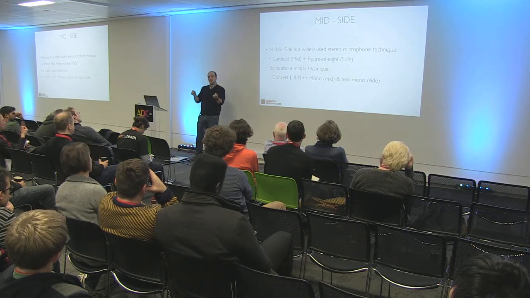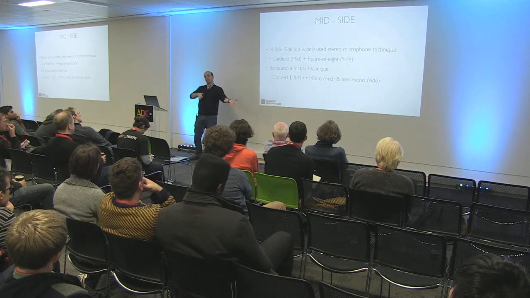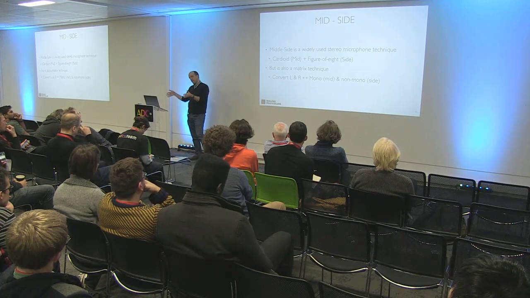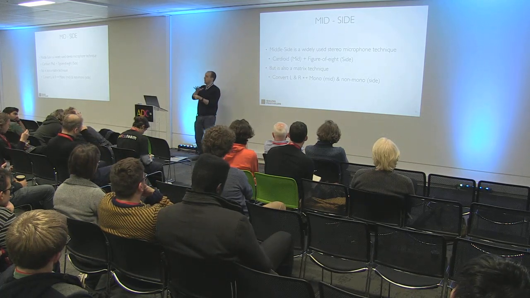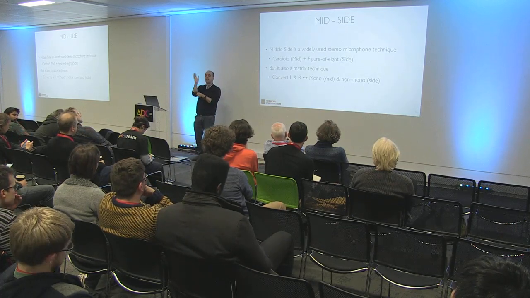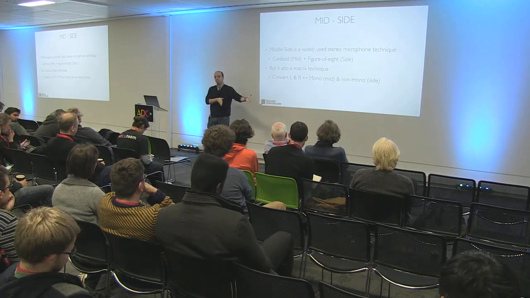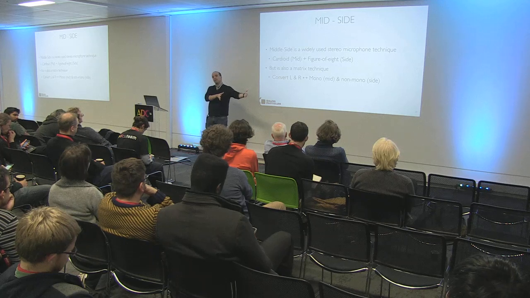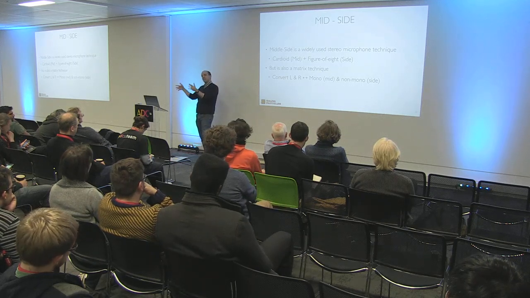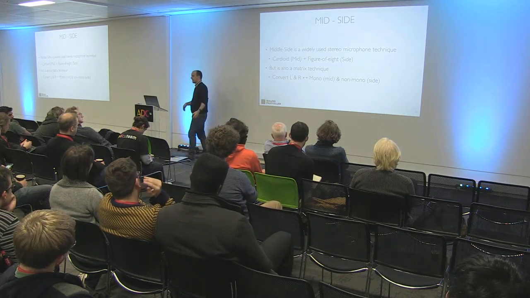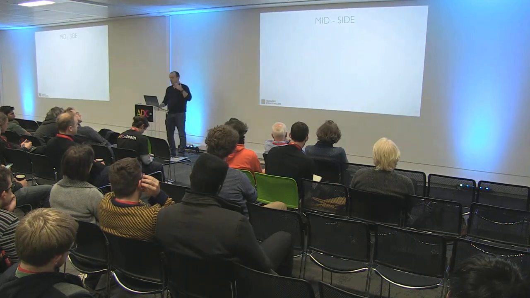Instead of applying the equalization to everything, you convert left-right into mid-side, apply the equalization only on the mid, so essentially mainly on the things in the center, and then convert back to left-right. So essentially, you have left-right converted into something else that you can easily convert back to left-right.